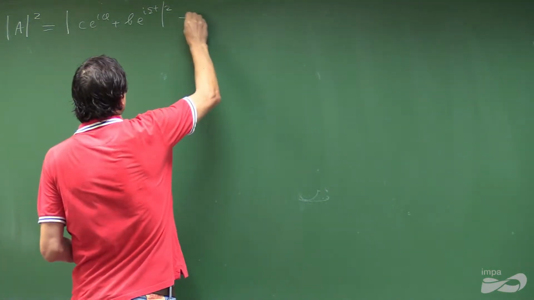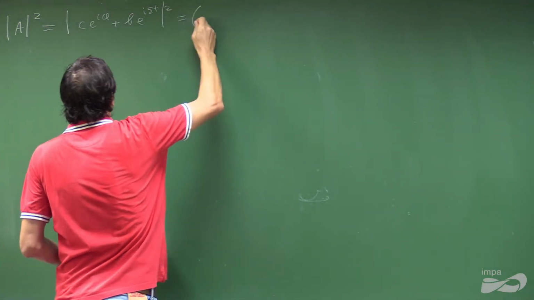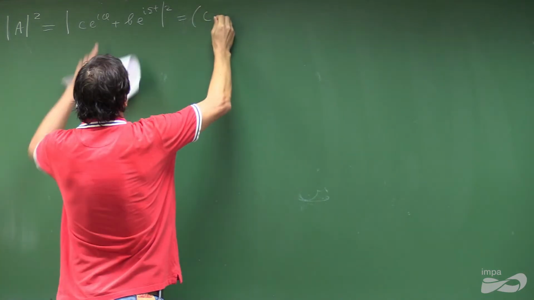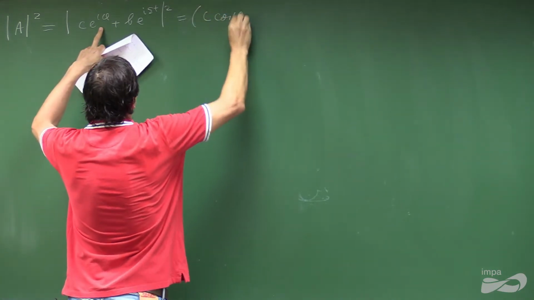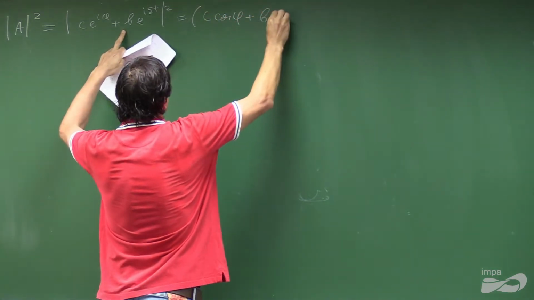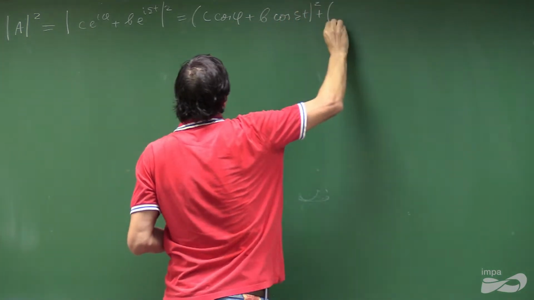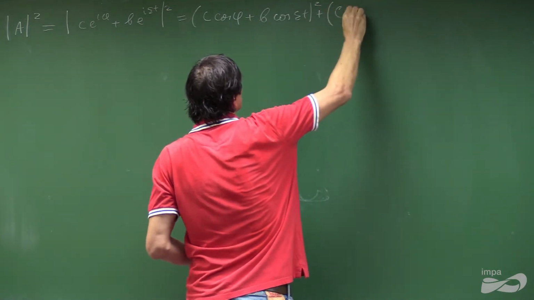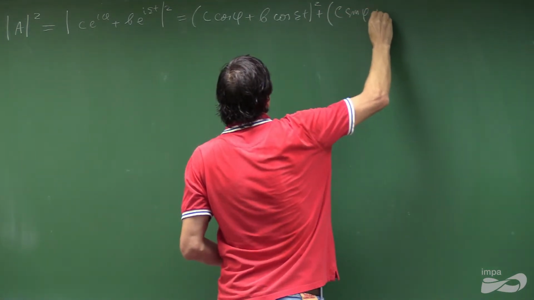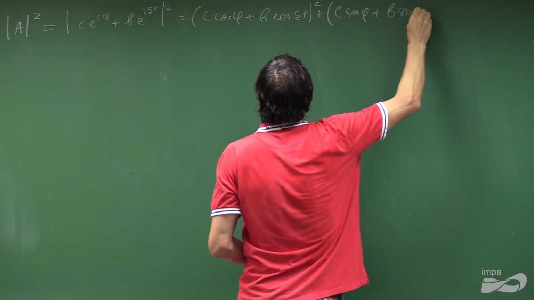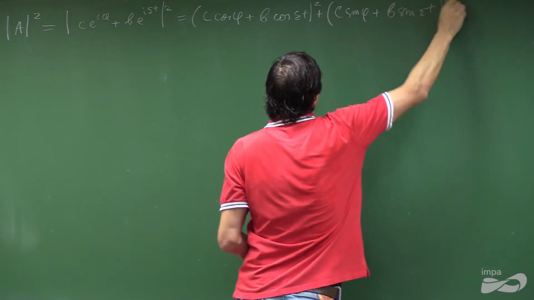The squared absolute value is the real part squared plus the imaginary part squared. So the real part is C cosine phi plus B cosine epsilon t, squared. And the imaginary part is C sine phi plus B sine epsilon t, squared.